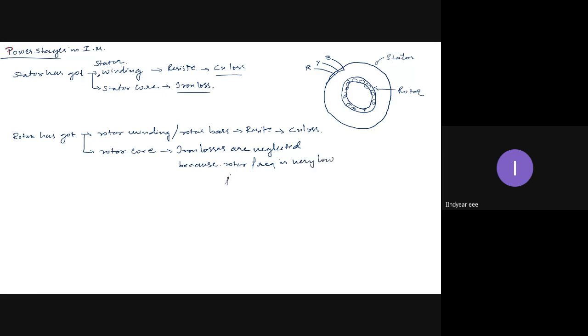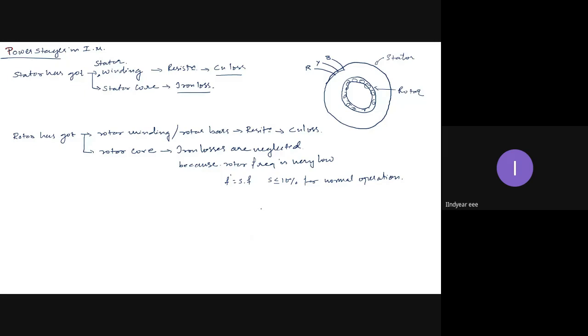Okay, f dash is equal to s into f, and s is less than 10% for normal conditions. So since the frequency of rotor induced EMF and current is very low, the iron losses in the rotors are very low, hence this can be neglected. But that doesn't mean that I should not use the laminated core. Still the rotor is made up of laminated core.